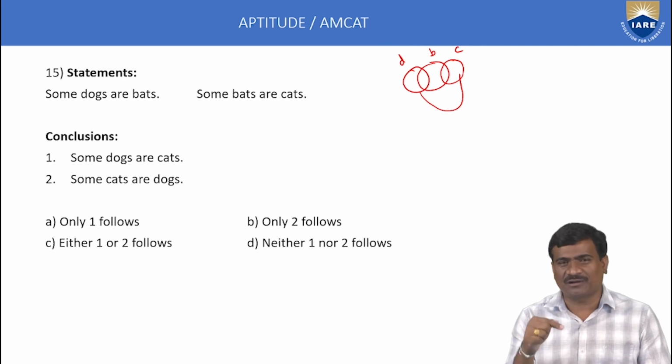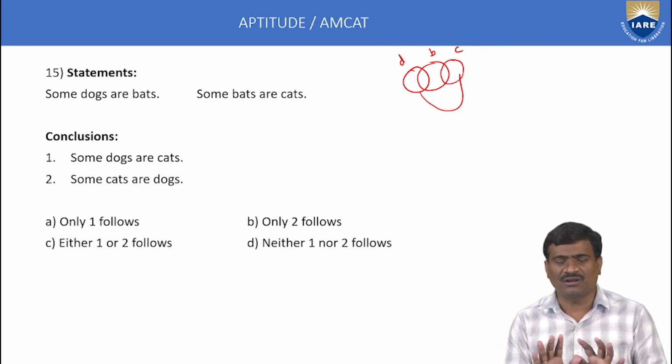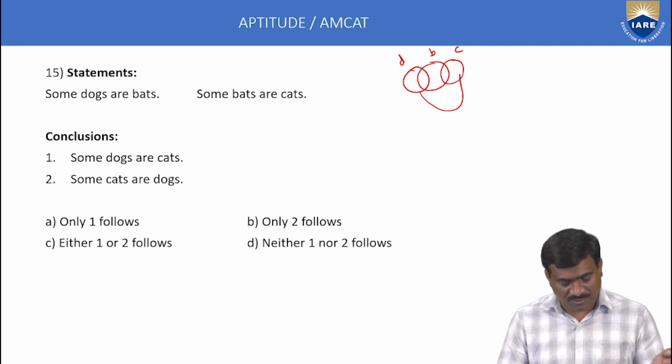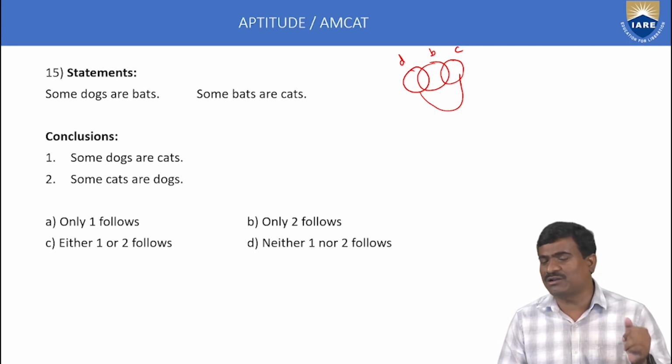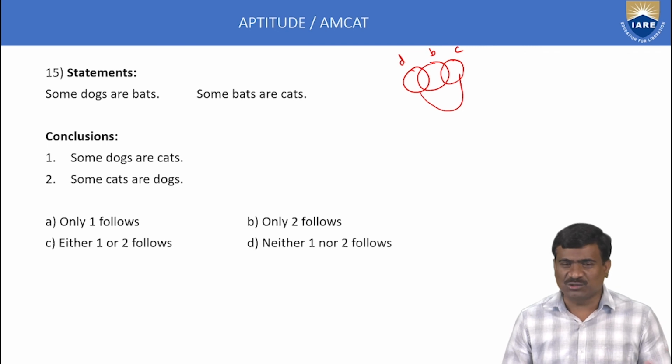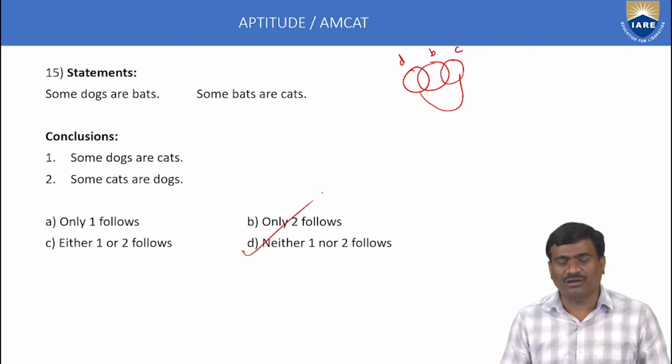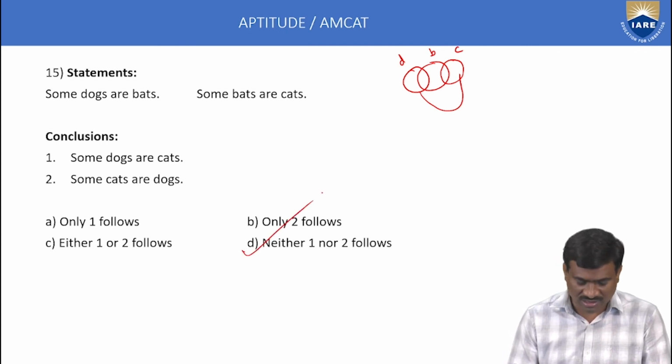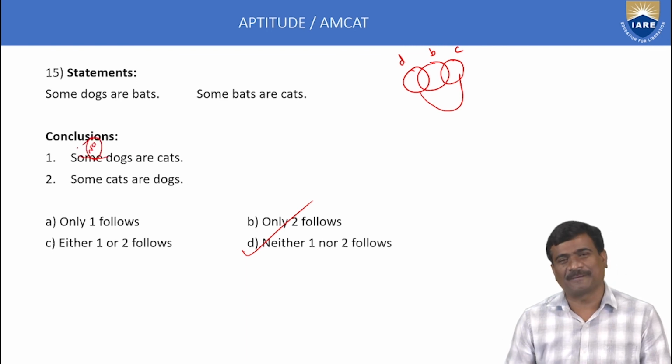But in this example, the conclusions, some dogs are cats and some cats are dogs, are individually not correct. These two are not correct, so neither nor is the only correct answer. Suppose the first statement, no dog is a cat, is given.